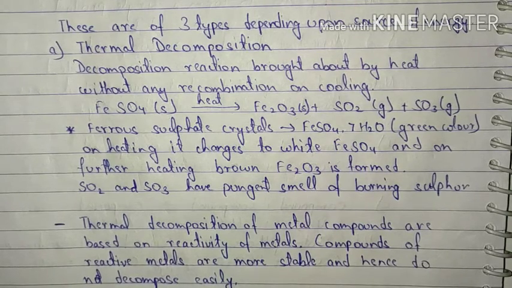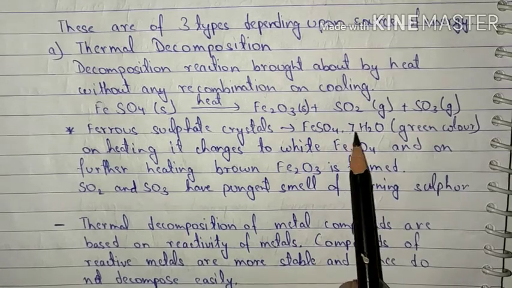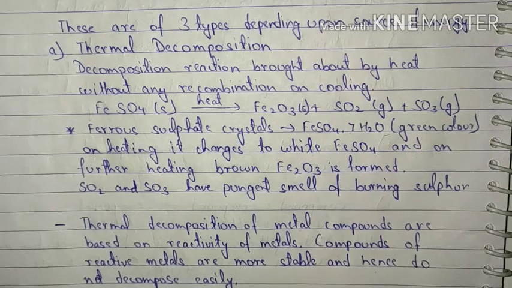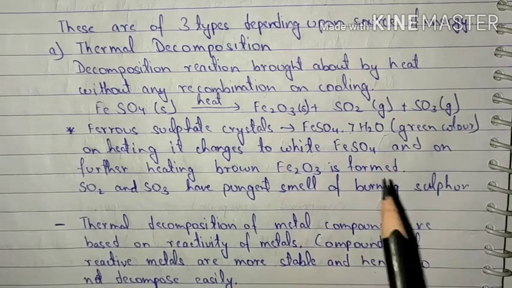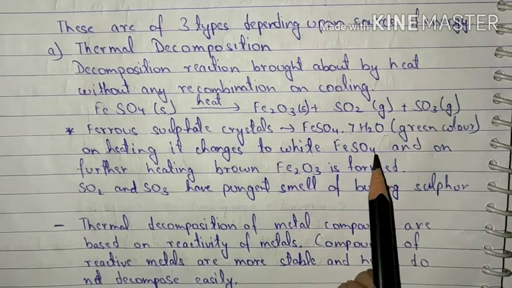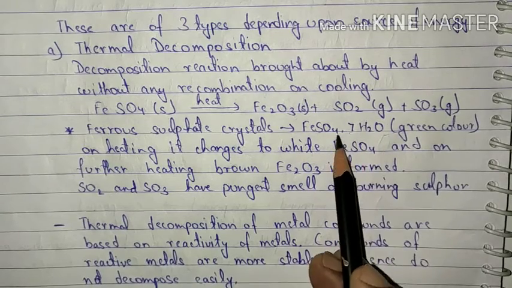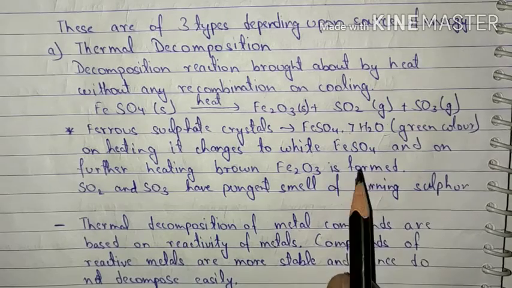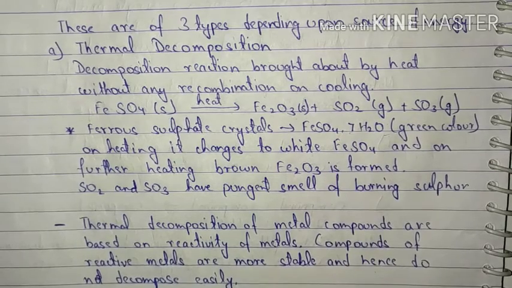That means 7 here is the water of crystallization. However, when we heat it, it changes to FeSO4, since on heating the water particles evaporate. So we are left with the salt, that is FeSO4.